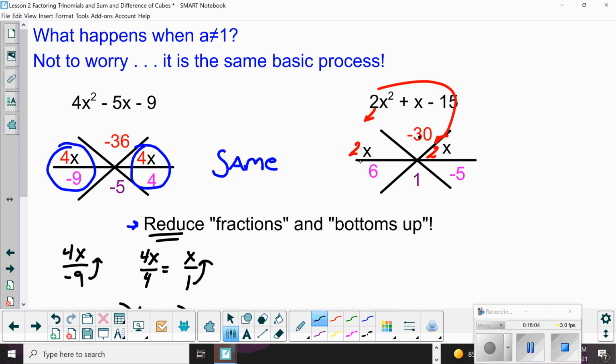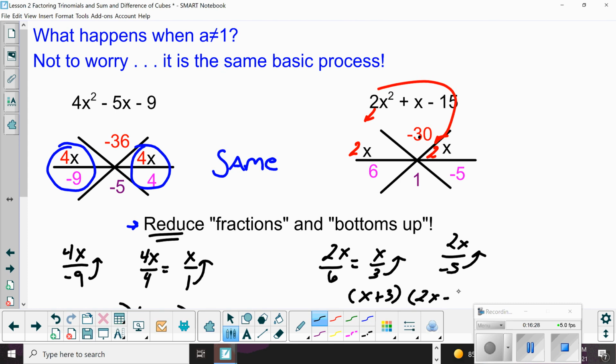Now I'm going to write my fractions. 2x over 6 reduces to x over 3. And now I can bottoms up. And 2x over negative 5 does not reduce. So I simply bottoms up it. X plus 3, 2x minus 5. That's all there is to it. Really not that hard.